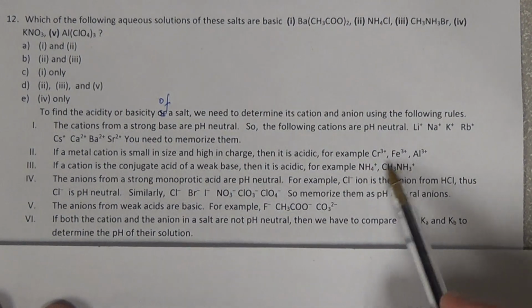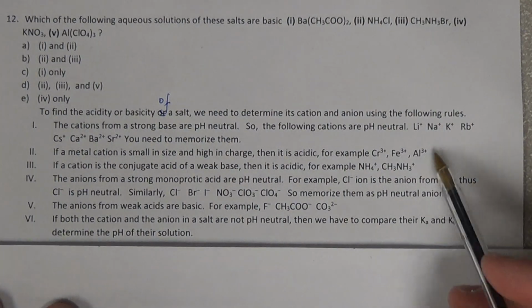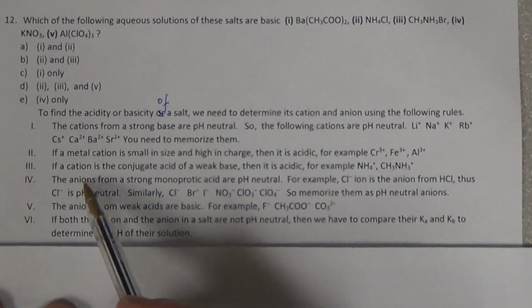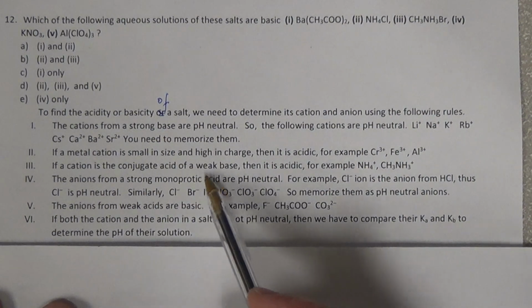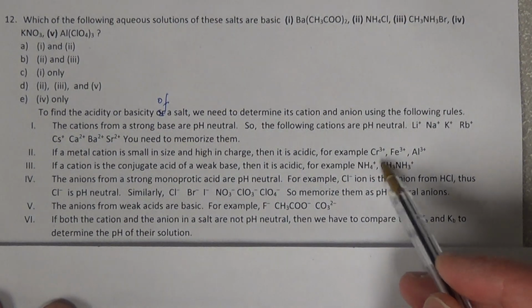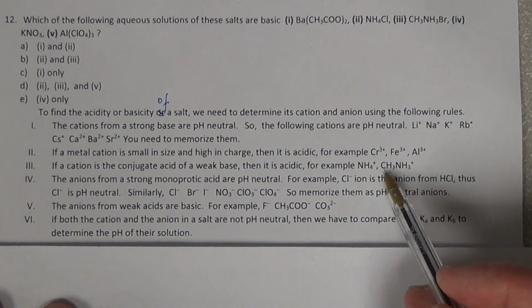Memorize these 3: Cr3+, Fe3+, and Al3+ are acidic. If a cation is a conjugate acid of a weak base, then it is acidic. For example, just memorize these 2: NH4+ and CH3NH3+. These 2 are acidic.